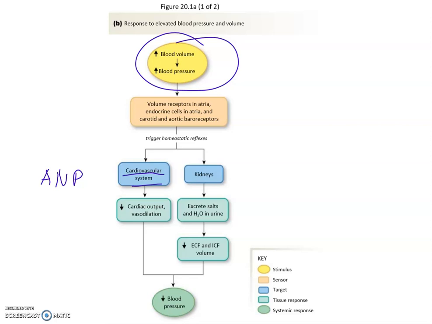Your kidneys will do what the atrial natriuretic peptide tells them and try to excrete salt and thereby water by osmosis, if we're trying to reduce the volume in general and thereby reduce the blood pressure. But keep in mind again, your mechanisms to reduce blood pressure are not very powerful, and they're nothing compared to the mechanisms that you have available to increase your blood pressure in case of a loss of pressure.